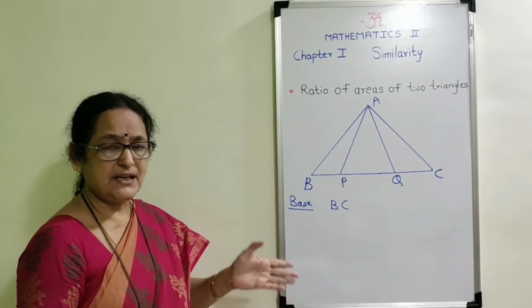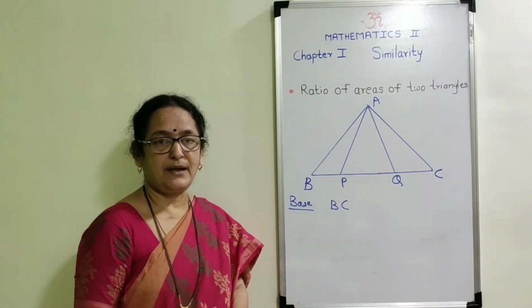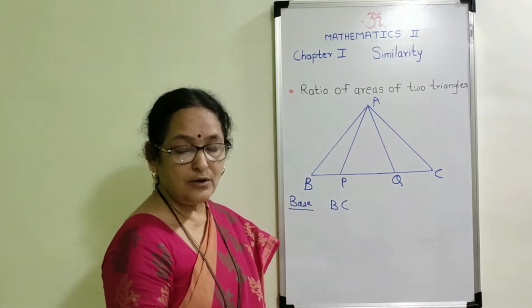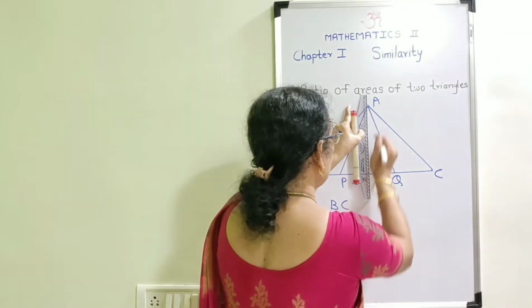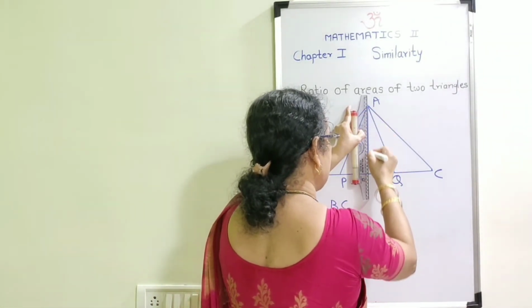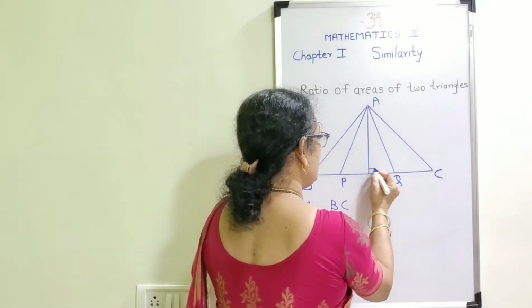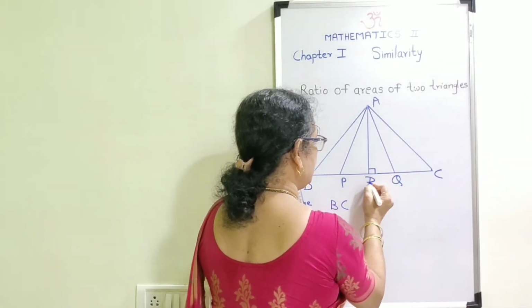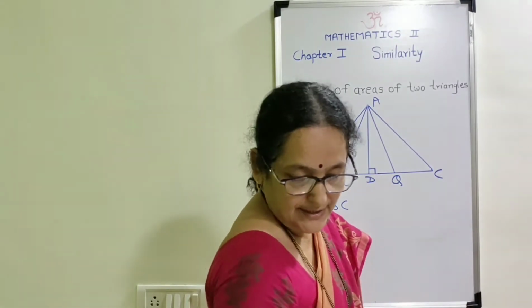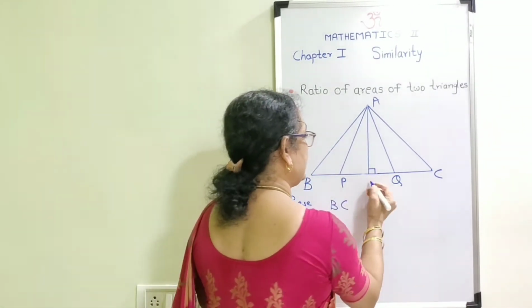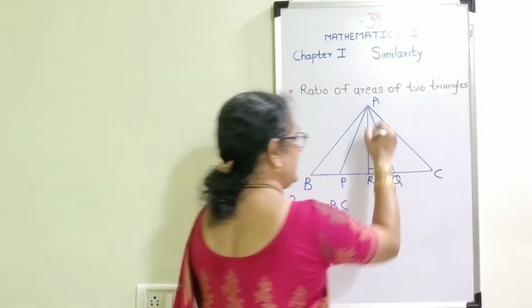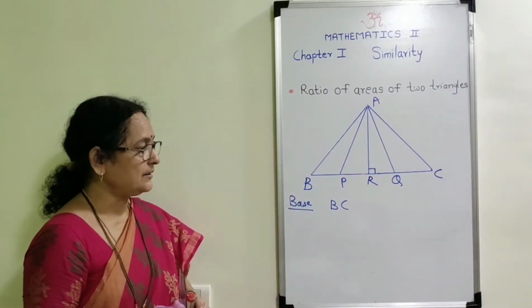In such a case, suppose I want to determine the height of all 4 triangles. I have to draw a perpendicular from vertex A on the base. Suppose this is the perpendicular. In the figure, they have given that this point is R and therefore I can write it as R. AR is perpendicular.